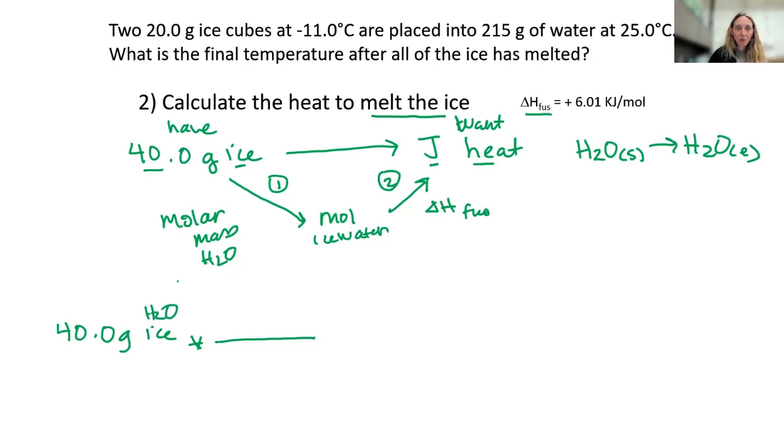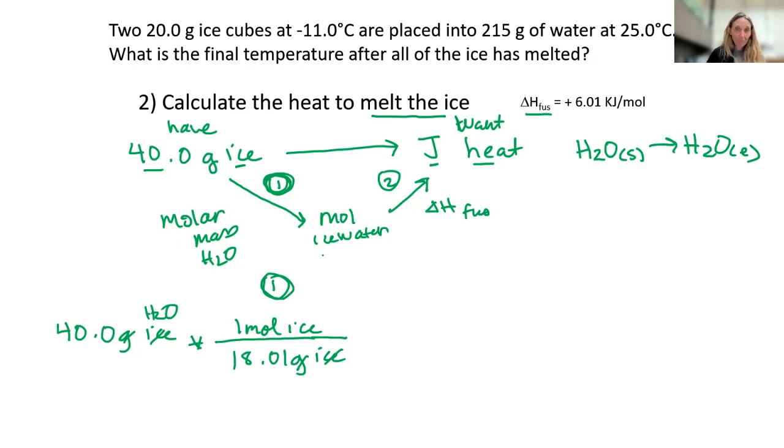I look at my periodic table, find my molar mass, and I have 18.01 grams of ice equals 1 mole of ice. I have one arrow, so one conversion. My grams of ice at the top cancel with my grams of ice at the bottom, and I'm left with moles.